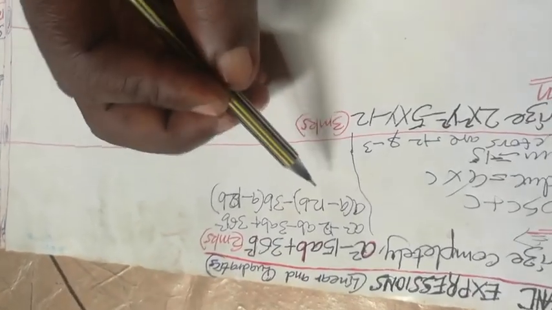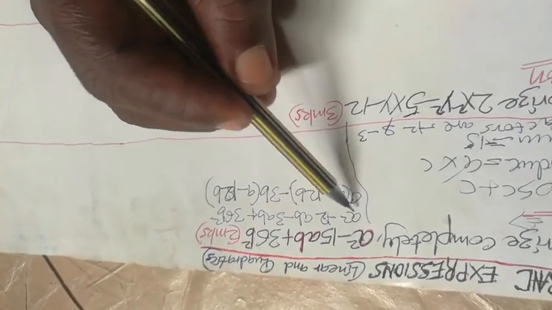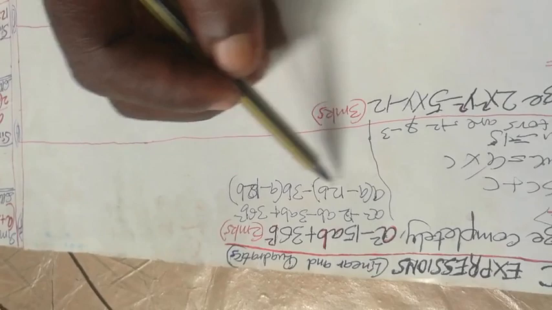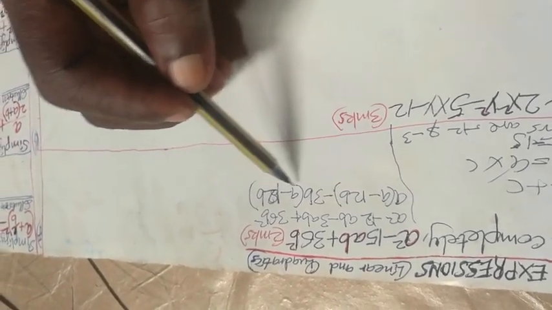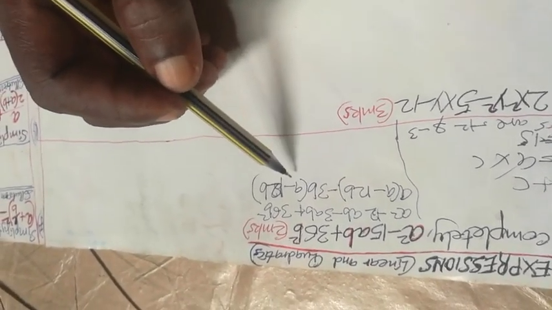We have factored out a because it is common, and here 3b because it is common in both.